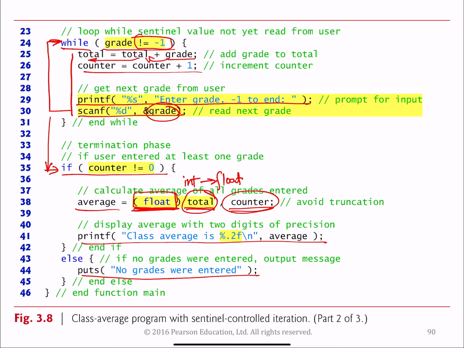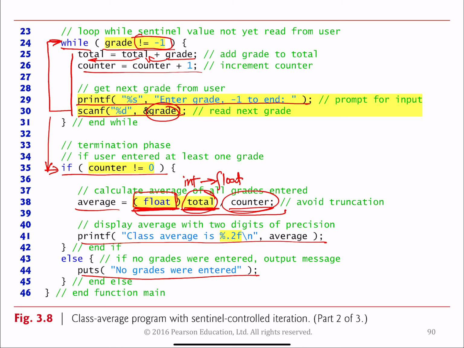Now, remember, the variable total still remains an integer. After you have declared a variable, you cannot change its data type. I said that before. But here, to do this calculation on this whole line, temporarily, so just on the fly, we convert the value into a floating point number, then perform the division.